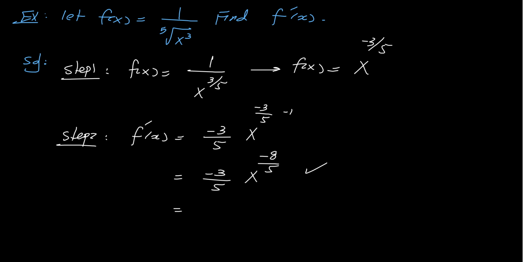You can also write it as negative 3 over 5 x to the power 8 over 5, or negative 3 over 5 times the fifth root of x to the power 8. This is a good answer, and this is also a good answer.